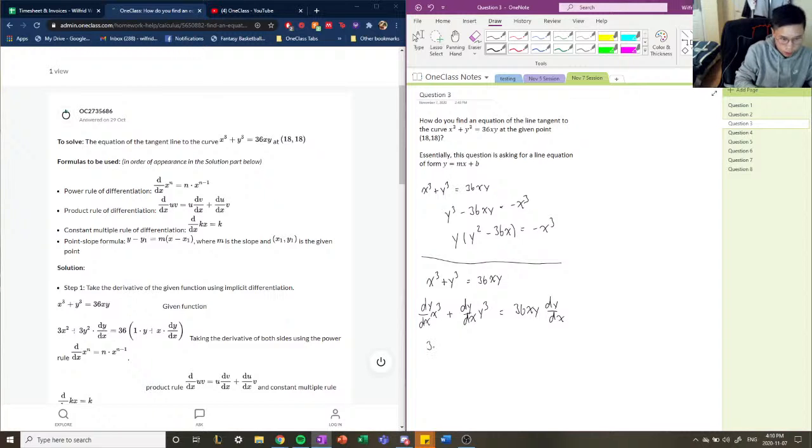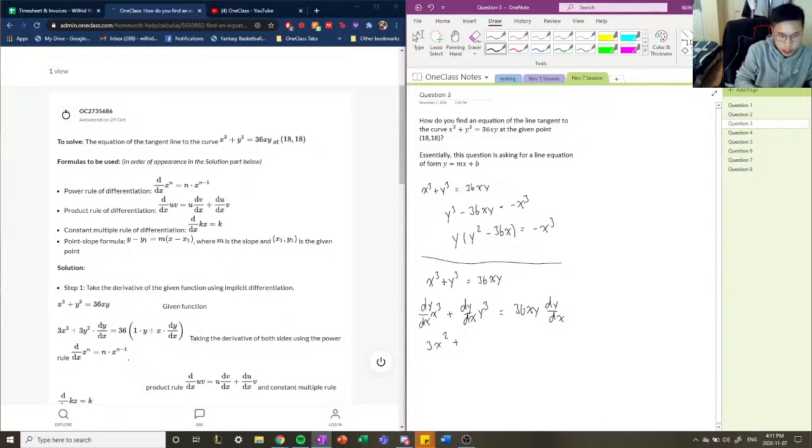So what is this x cubed? Using our power rule, we know that this is equivalent to 3x squared. How about this y cubed? Let's say that we know this y cubed is related to x in some shape or form, but we can't really isolate for it here, because it's very complicated to isolate. So we're just going to apply a chain rule to this, and I'll explain the chain rule a little bit further down the lesson.